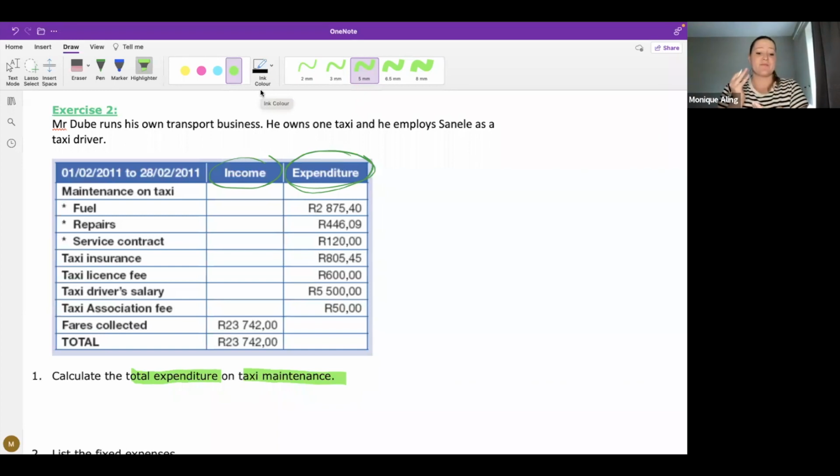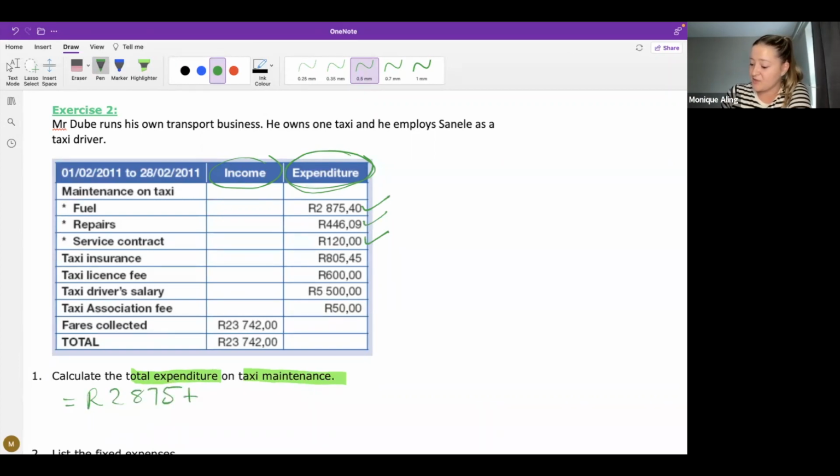Okay, so normally they actually ask you to work out the total expenditure, but now specifically they just wanted the maintenance expenditure. So that would be the fuel amount, the repairs amount, and the service amount. So we just add them together. Just remember to show all your working out.